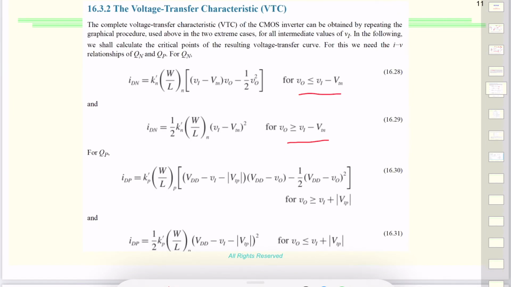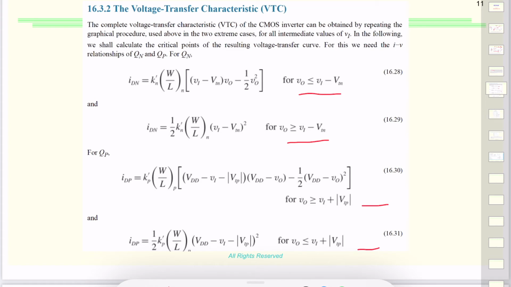In a similar way for a PMOS, in the situation of triode or saturation, again how we find out the current. So we have seen how to derive that, but here we will make use of these and see what would be the effect on the voltage transfer characteristics.